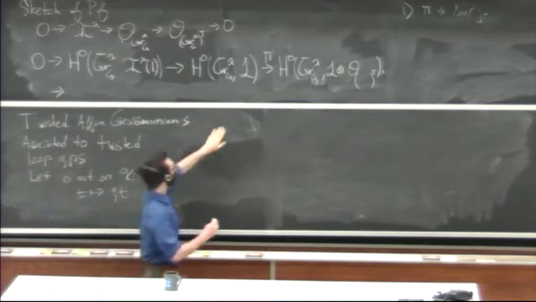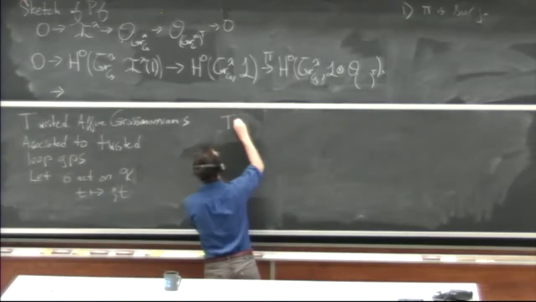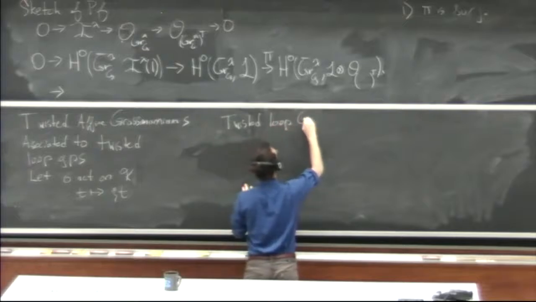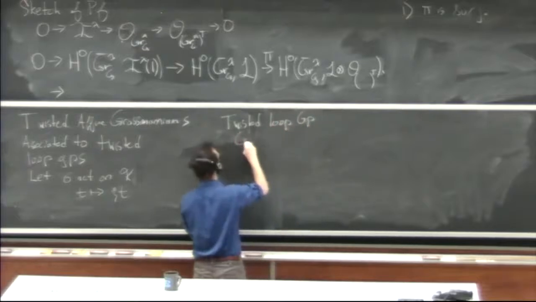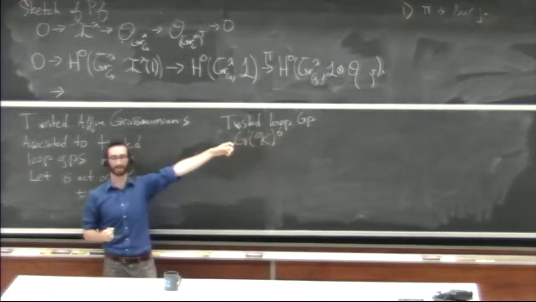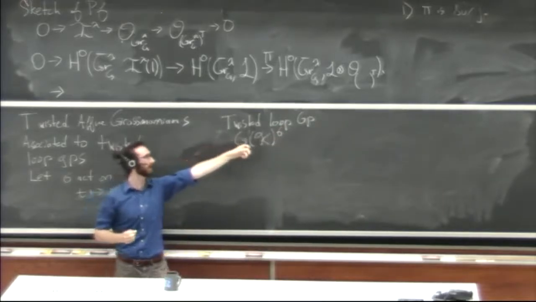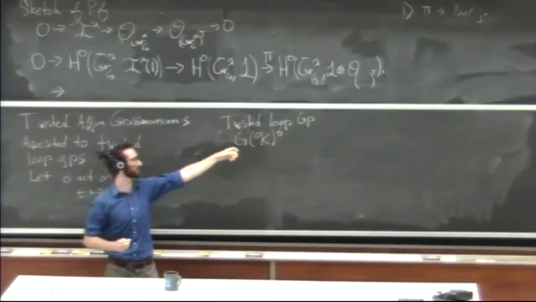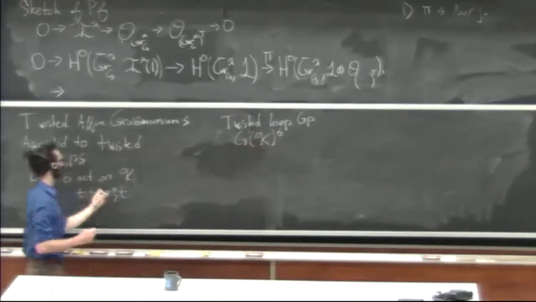And then we can form the twisted loop group. It'll be exactly G(K)^sigma, where sigma acts simultaneously on the group and on the field of formal Laurent series K by acting on the uniformizer.